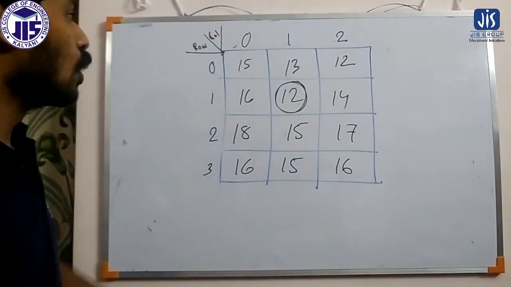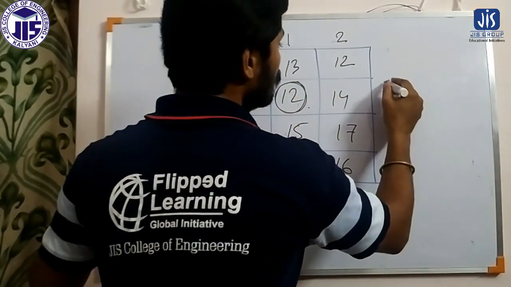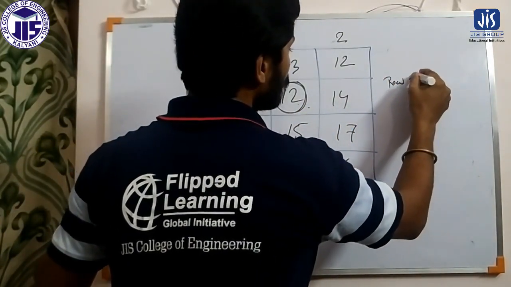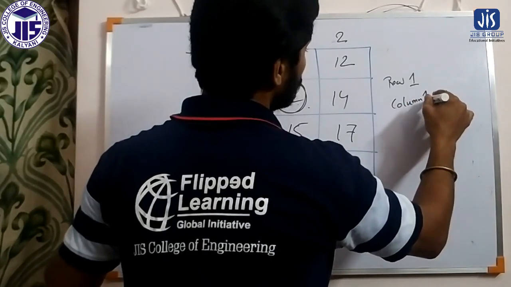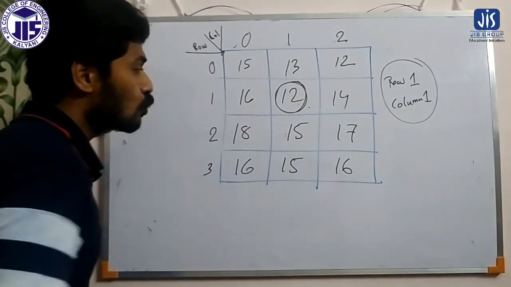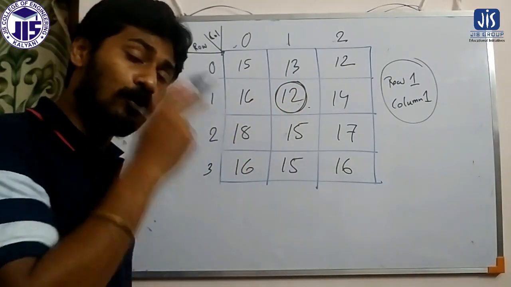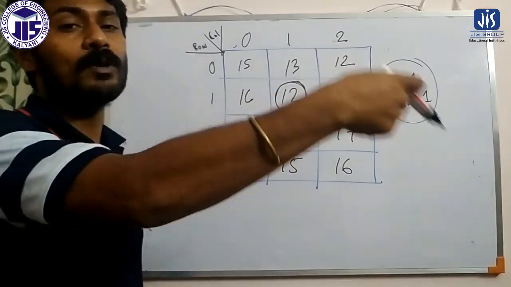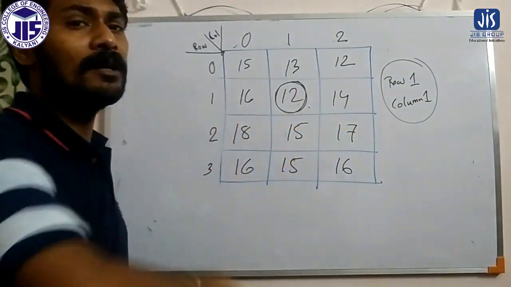The position of this element is row 1, column 1. So to find a particular element, we should know two information: the row number and the column number. If both are known, easily we can find any element in the array.